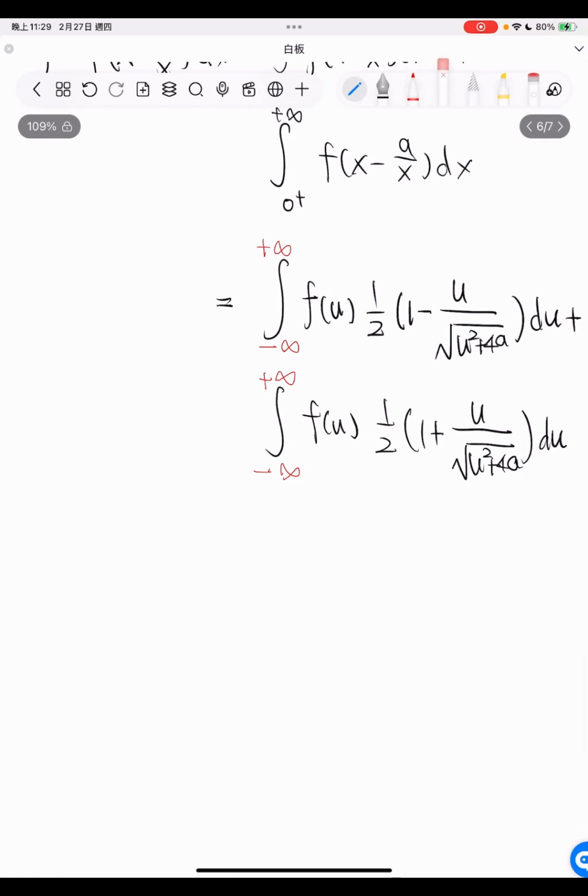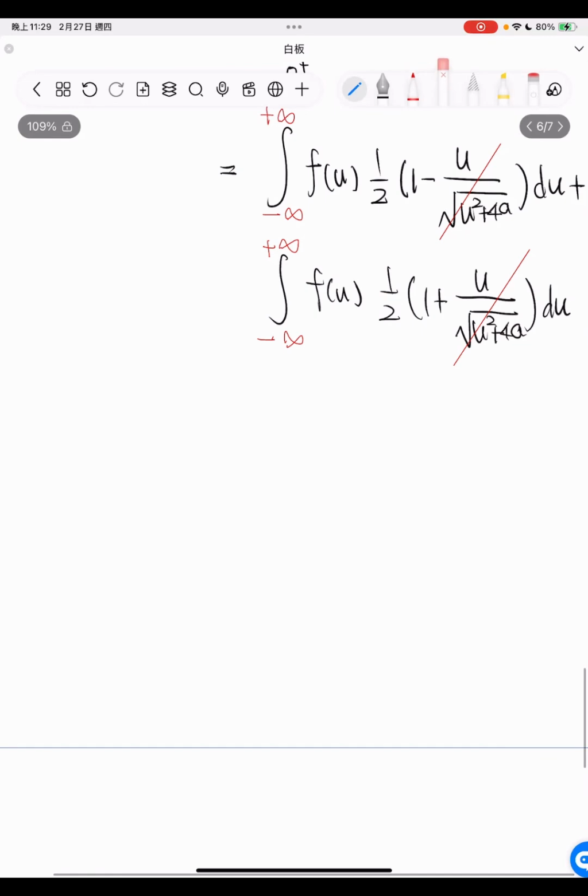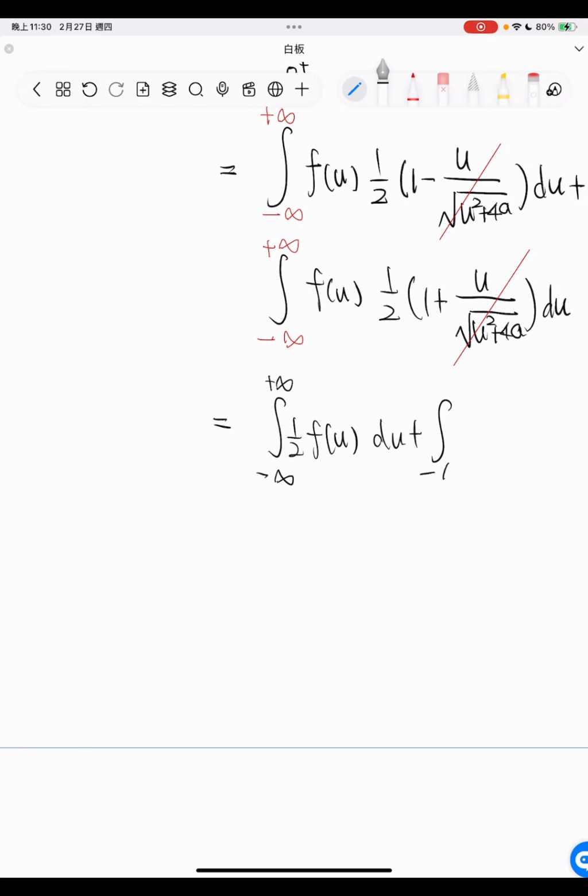Then we notice that these two things cancel out, and then we can get the integral from minus infinity to infinity of one half f(u) du plus the integral from minus infinity to infinity of one half f(u) du, and that is equal to the integral from minus infinity to infinity of f(u) du.